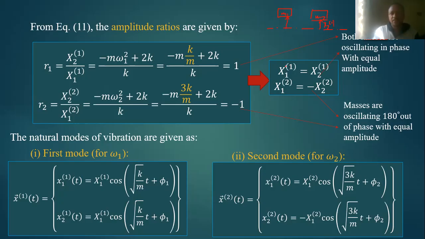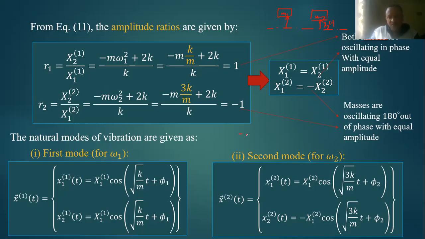It shows like that. In the second case, for the second natural frequency, x2(2) over x1(2) gives us minus 1. So r2 is equal to minus 1. This implies x1(2) is equal to minus x2(2). They are the same magnitude, but opposite in sign. That means, let's draw the same thing.